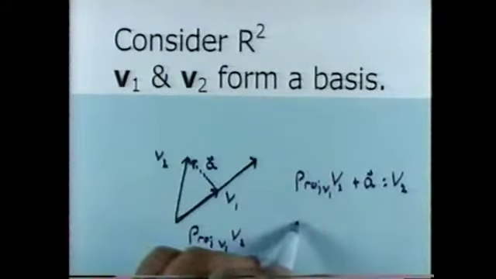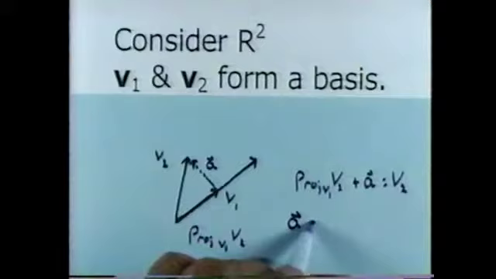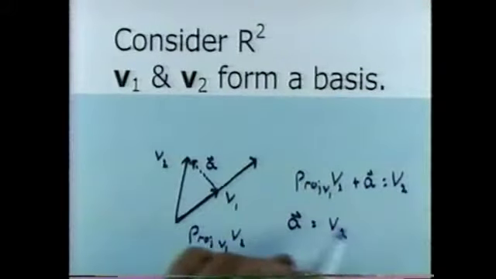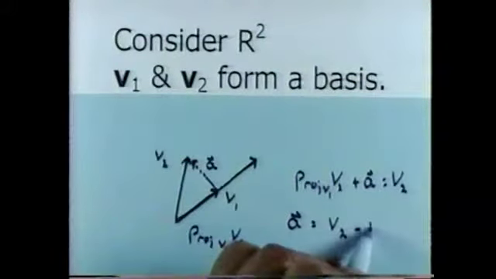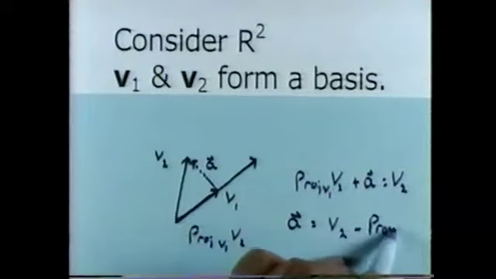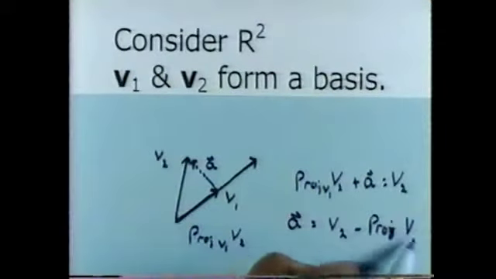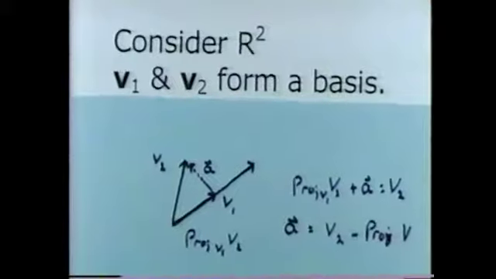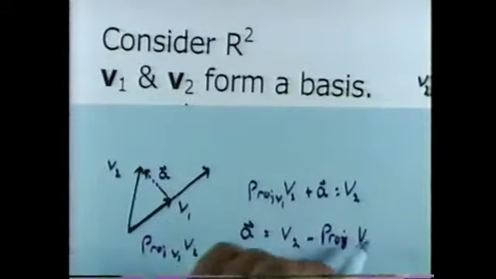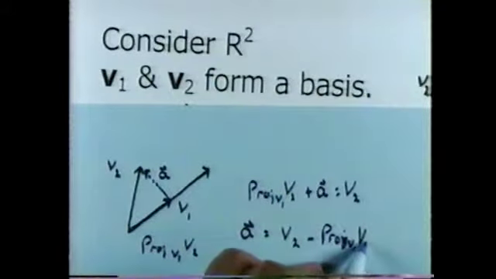Or I can say A is equal to V2 minus the projection of V2 onto V1.